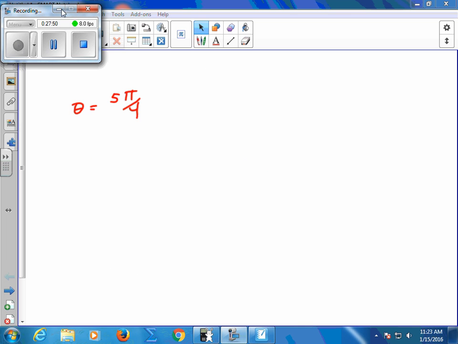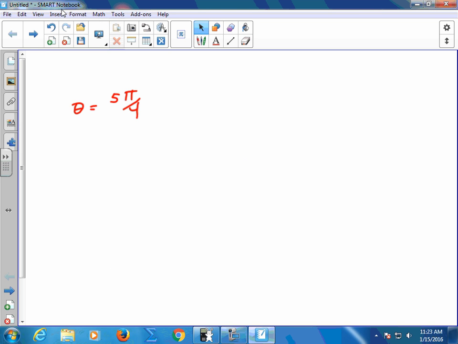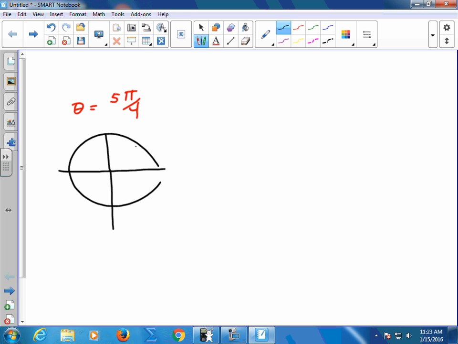Over 4. And let's just find sine, cosine, and tangent. How should I start? On the unit circle, well, we can use whatever you like to do. Which triangle is this? So I look at 4. 4 goes into 180 how many times? 45.